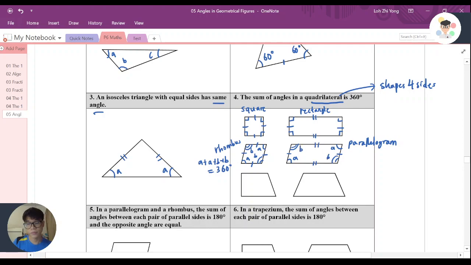Okay? So the same thing, A plus B is equal to 360 degree. Okay? And just to take note that this line and this line is parallel. This line and this line is parallel.